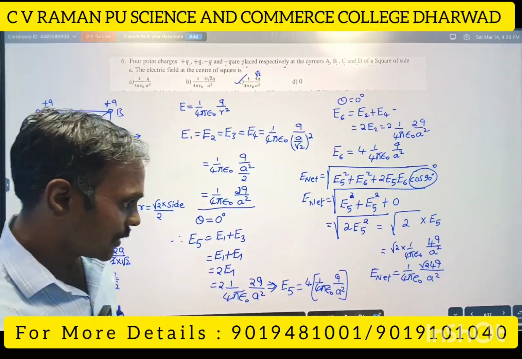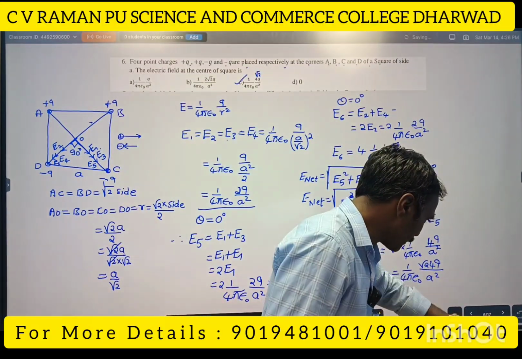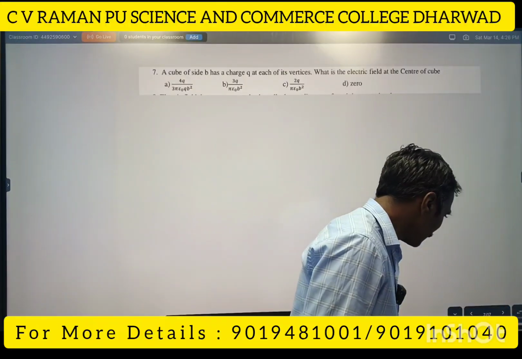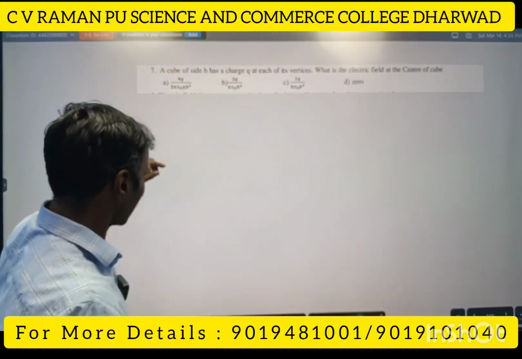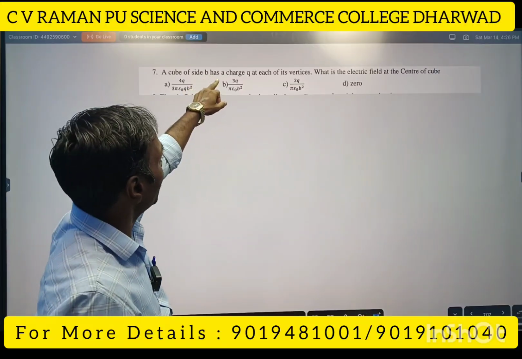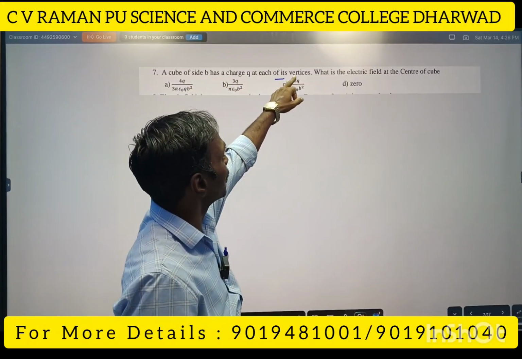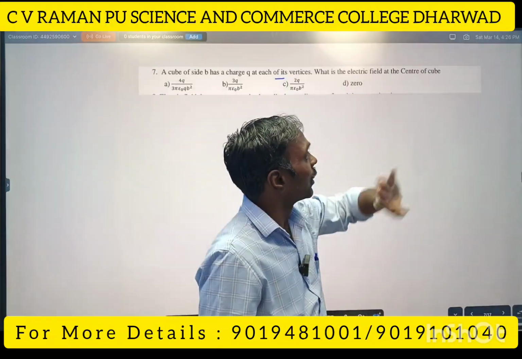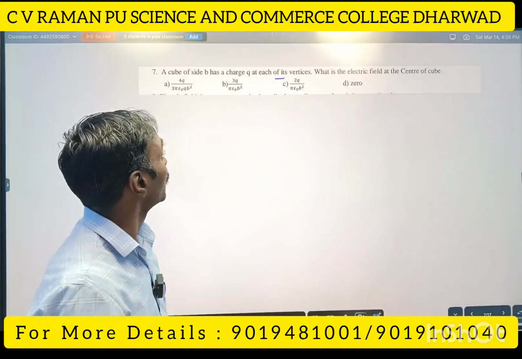Now let us solve the next question, which is question number 7. In question number 7, a cube of side B has charge q at each of its vertices. What is the electric field at the center of the cube?